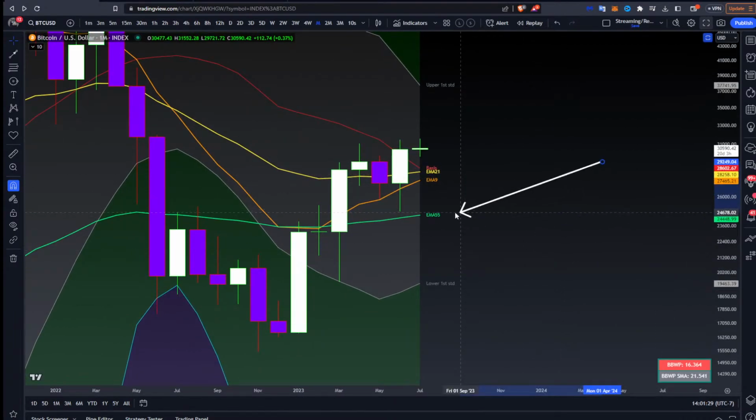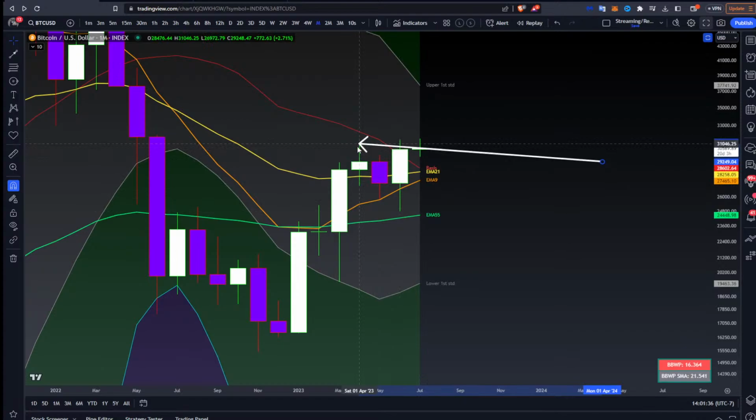a drawdown right back to this prior low, or a swing of this low, would be out of the ordinary given the setup that we just saw with this bullish engulfing monthly candle. But because it did not break and close above the actual wick high of this consolidation range on the lower term time frames at around $31,000, it got its close at 30,000 and just under 30,500, we'll call it.